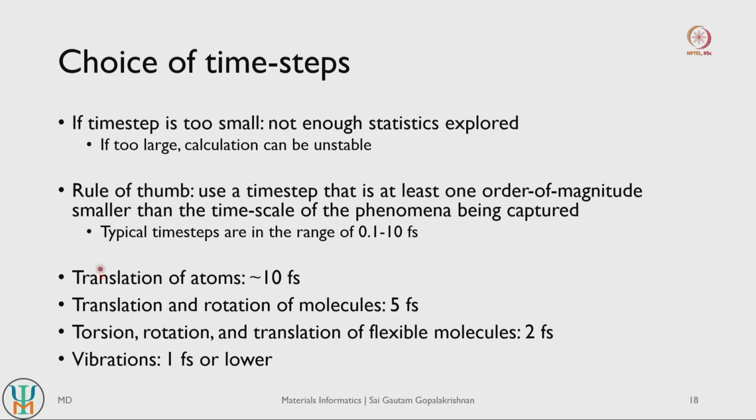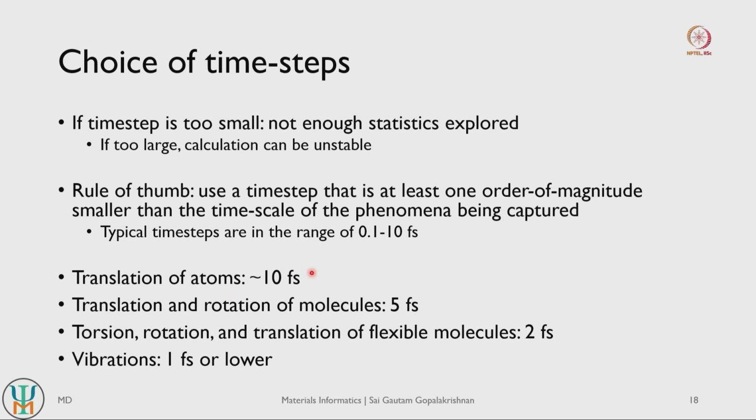If you are only interested in looking at translation of atoms, such as diffusion and so on, then maybe 10 femtoseconds is good enough, because atoms vibrate on the order of picoseconds, and diffusion is basically where atoms vibrate and then one of the vibrations is long enough that the atom actually moves from its current site to an adjacent site. So it actually breaks a bond and forms a new bond.